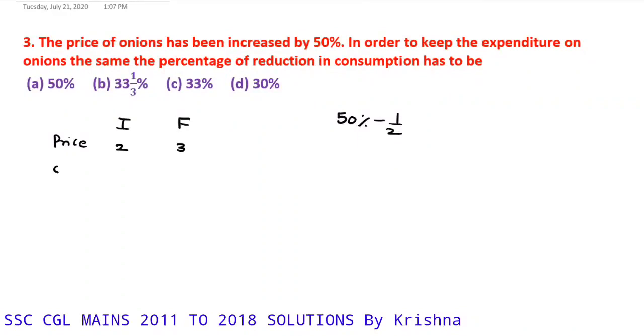Why? Because 50% has been increased. So consumption ratio will be inversely proportional, so it will be 3:2 ratio. So consumption has been decreased by 1 unit on how much? 1 by 3 into 100% gives us reduction in consumption, which is equals to 33 1 by 3%.